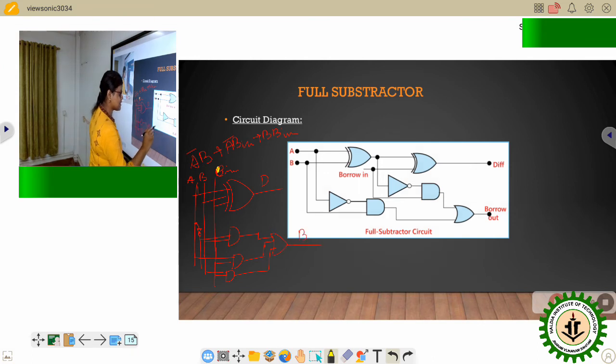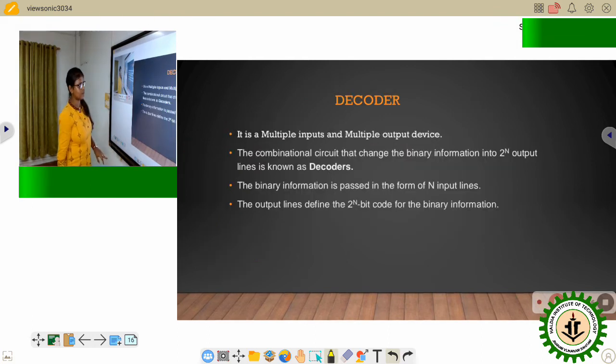Next decoder. I will start decoder. Decoder mainly has multiple inputs as well as multiple outputs. In case of decoder, the binary information is passed from n inputs to 2 to the power n outputs.